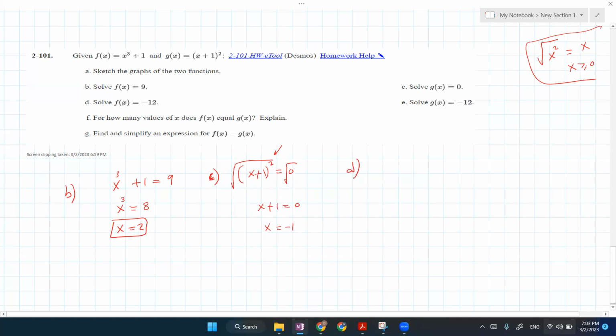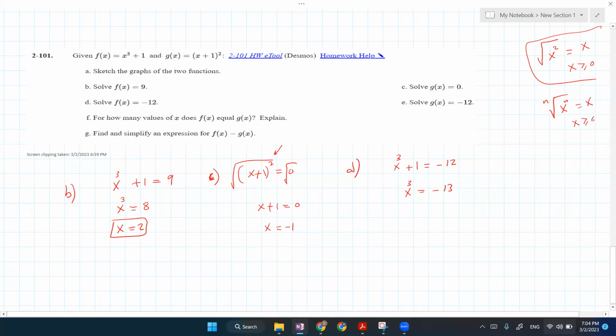In D, we want f of x to be -12. So x cubed plus 1 is equal to -12. We want to subtract 1 from both sides. So x cubed is equal to -13. And now we apply the cube root to both sides, because in general, if you have x to the n and you apply the nth root to that, you get x.